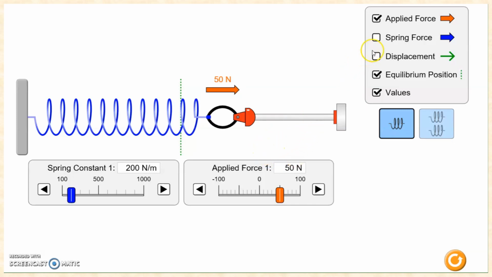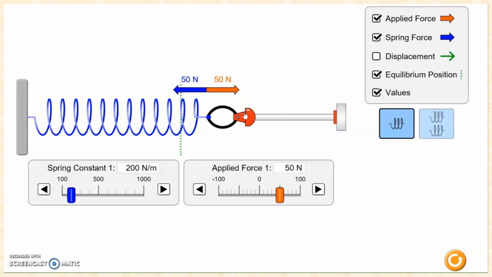Now you know that by Newton's third law, if the piston exerts a force on the spring to the right, then the spring exerts a force back on the piston to the left that is equal in magnitude and opposite in direction. So right here you see the blue force. This is the spring force, that is the third law reaction force that is acting on the piston.